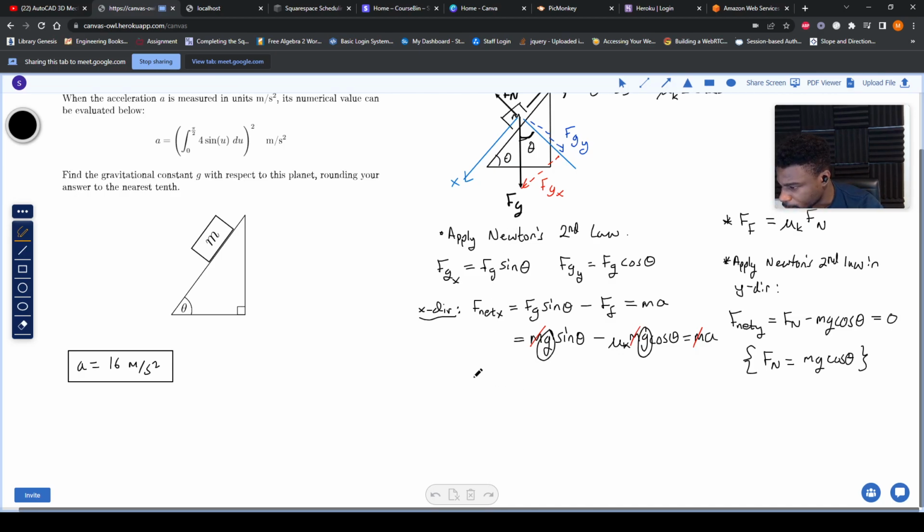So we're going to write g multiplied by sine of theta minus mu k cosine of theta is equal to a, which means that our g value is equal to a divided by sine minus mu k times cosine.